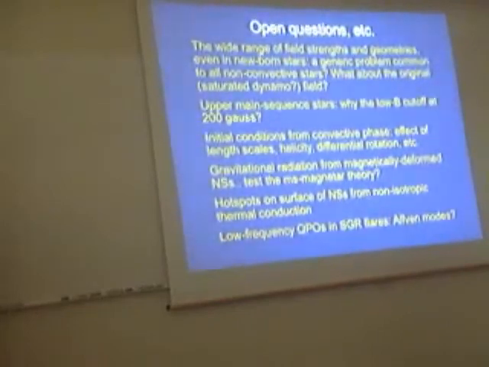Gravitational radiation from neutron stars. There's a millisecond magnetar theory which essentially says that neutron stars with very, very strong magnetic fields are the result of supernovae where the neutron star which is born is spinning extremely quickly, and so you have a strong dynamo producing the strong fields that you see on some of these stars.